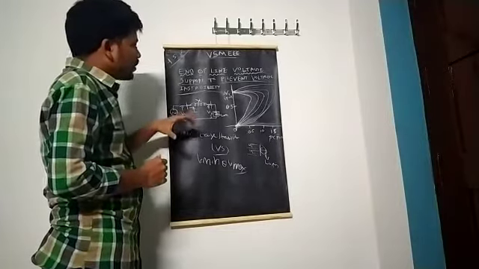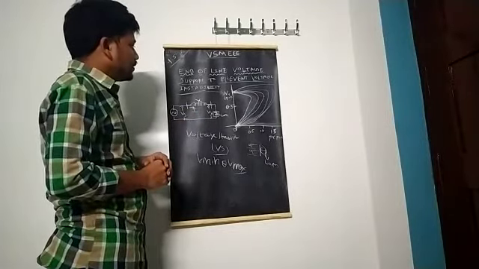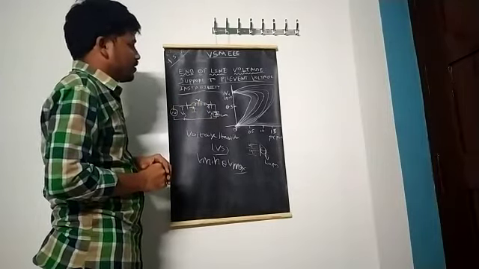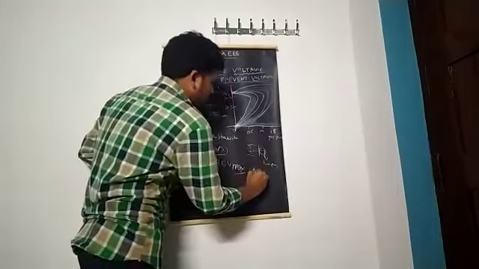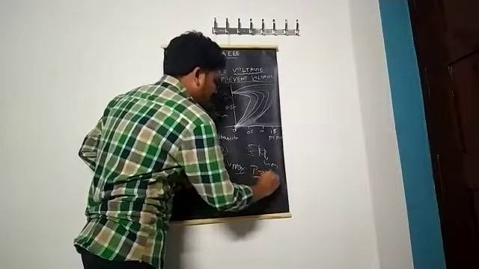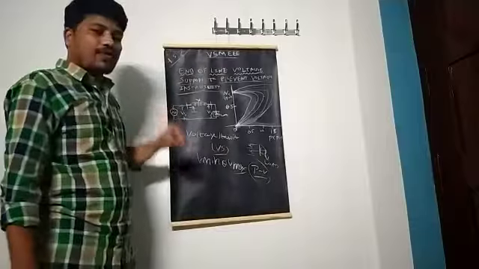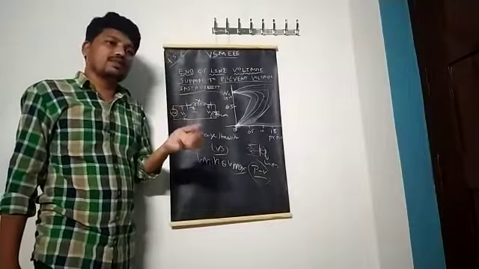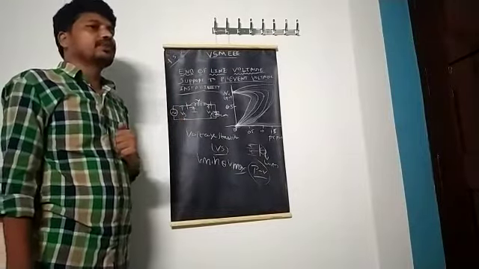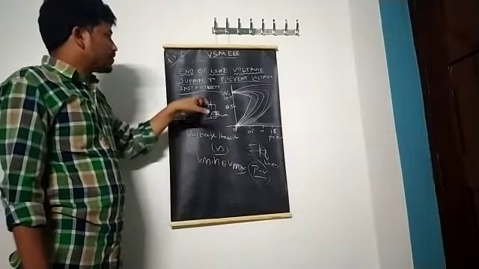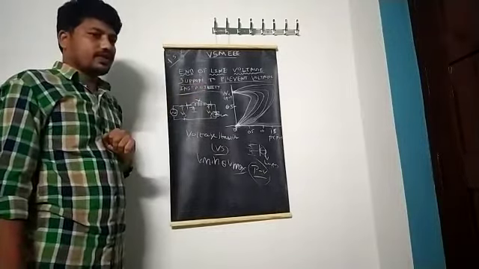In order to analyze this voltage instability, we generally draw the PV curve. In the power system there are three stability issues: voltage stability, frequency stability, and angle stability. Out of these, here we are discussing voltage stability issues.